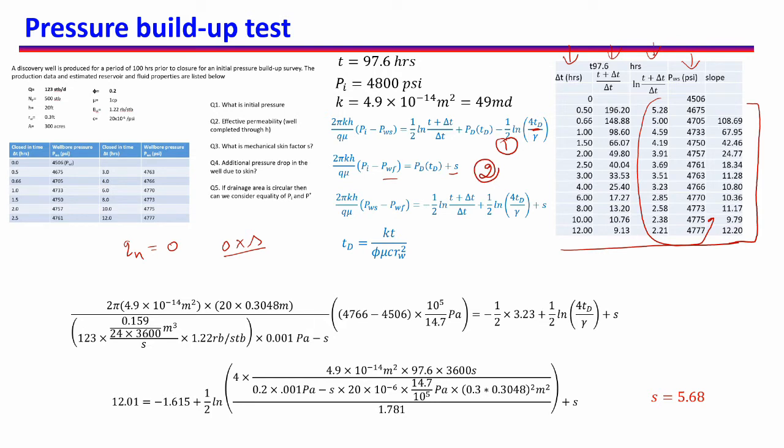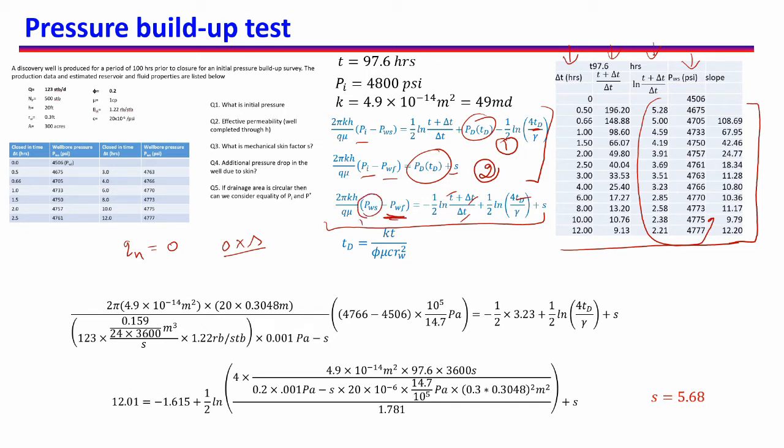We can eliminate Pi and we can eliminate PDTD, because we don't know if the reservoir was at pseudo-steady state or the well was operating at pseudo-steady state or transient state. These two things we want to eliminate, and we can do that if we use these two equations. In these equations we are relating TD and T with delta T with a given PWF with different PWS.